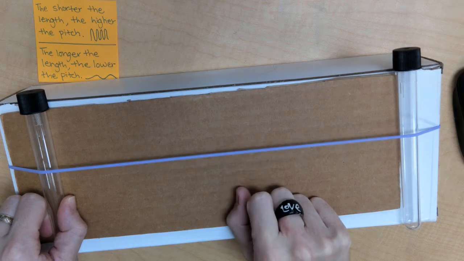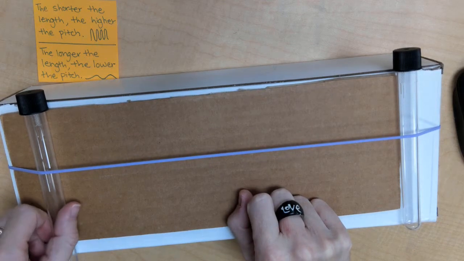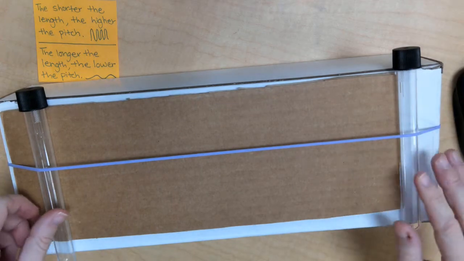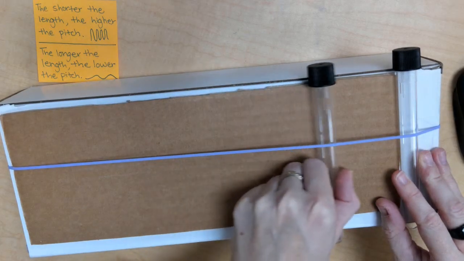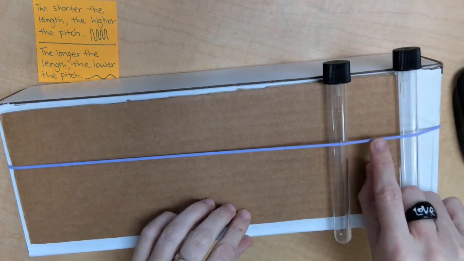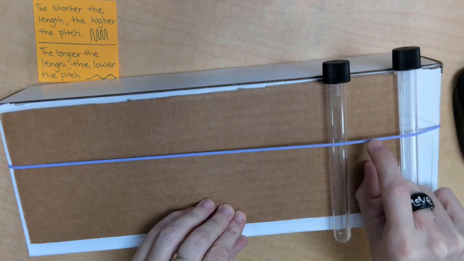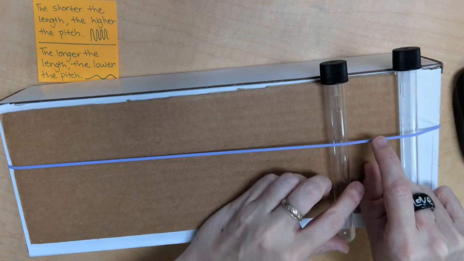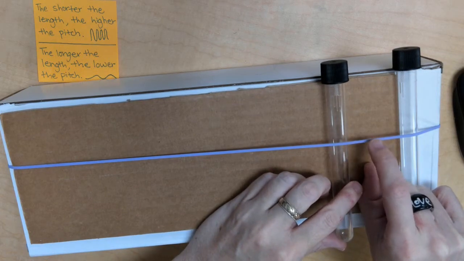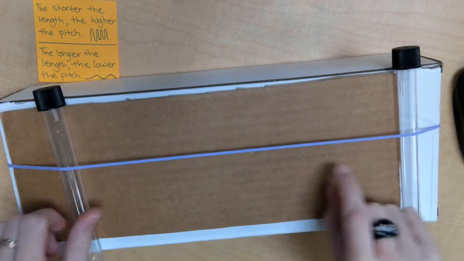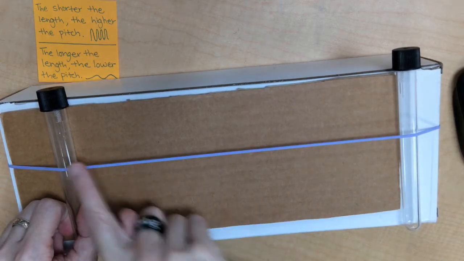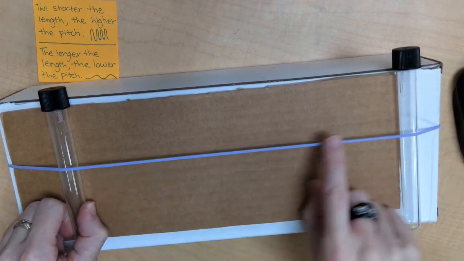Can you say that? Low pitch. And then, if they get closer, it's going to have a high pitch. Can you say that? High pitch. And you can adjust the distance from each other.